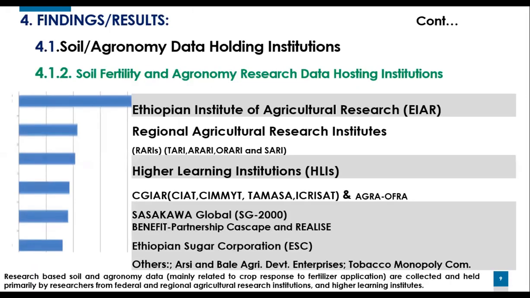And then when we look at research-based soil and agronomic data, mainly crop response to input application data, are available at the National Agricultural Research System, including the Ethiopian Institute of Agricultural Research, regional agricultural research institutes, higher learning institutes, and other development and research institutions, and also international research institutes such as the CGIAR group have been also collating or originating voluminous soil and agronomic data.